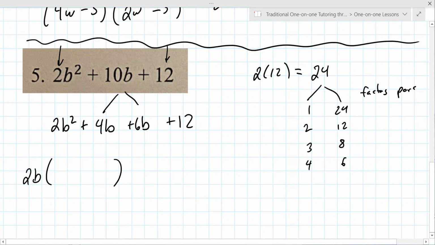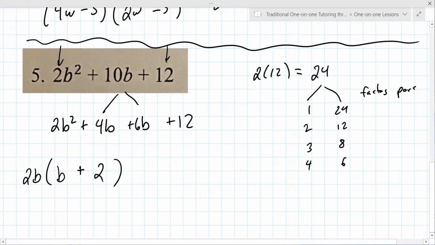What goes in here to get back to 2b squared? Just b, right? b times b gives you b squared. So I'm just going to write b, and plus 2.